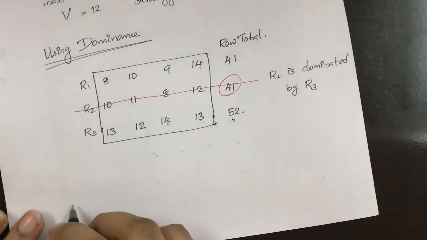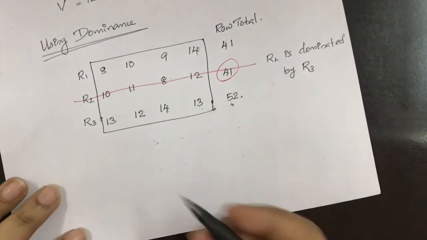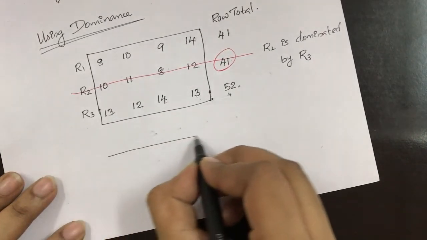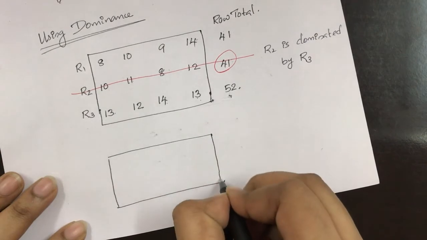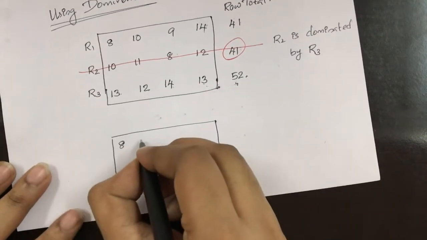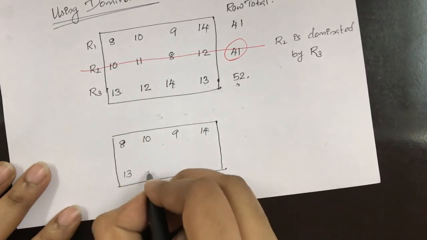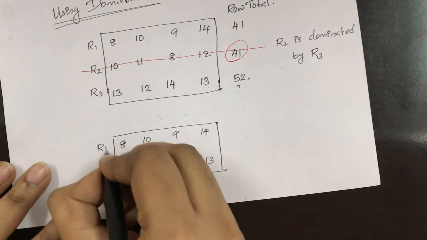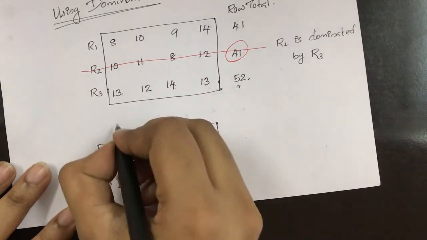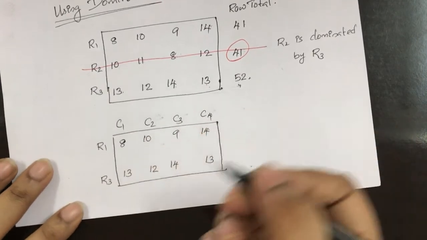Then I am going for column dominance. For that we need to write the reduced matrix: 8, 10, 9, 14, 13, 12, 14, 30, with rows R1, R3 and columns C1, C2, C3, C4.